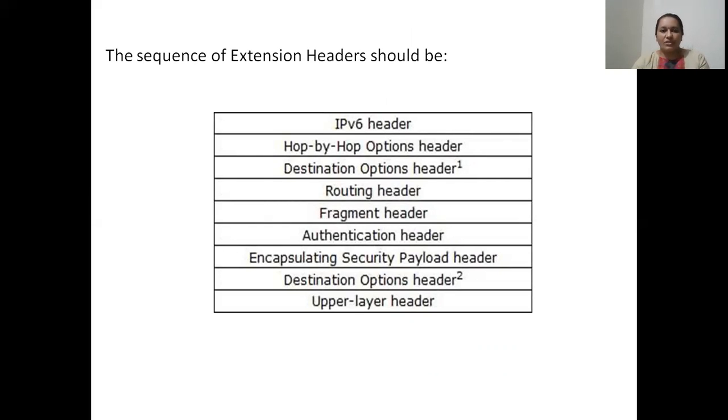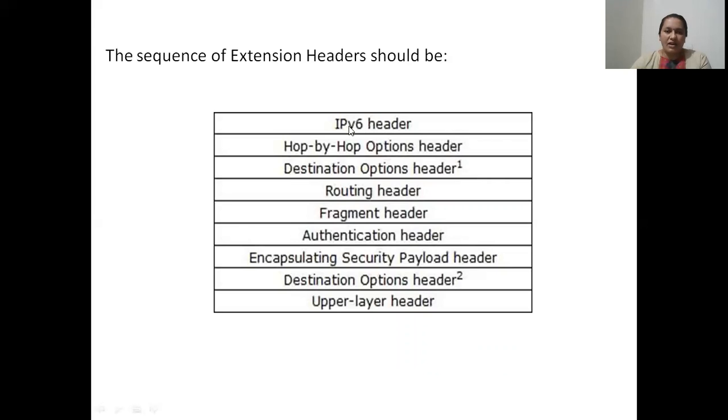Whenever more than one extension header is used in the IPv6, a sequential order is followed for their placement. This is a fixed order. Whenever these headers are used, they have to be placed in the same order along with the fixed IPv6 header.